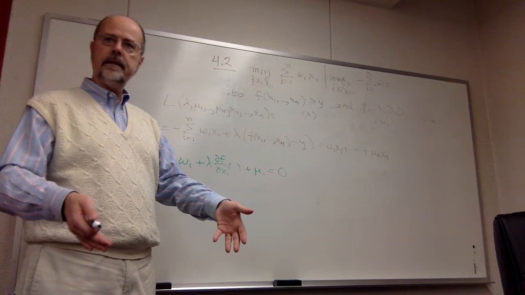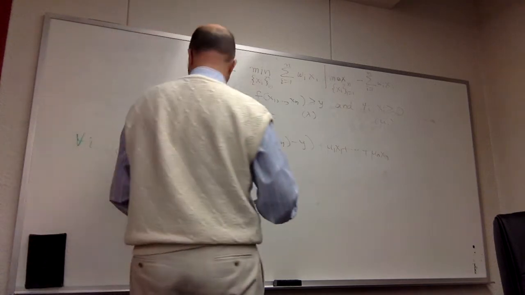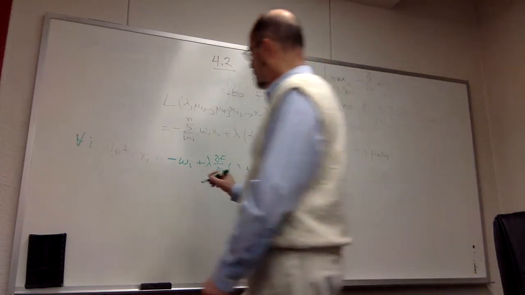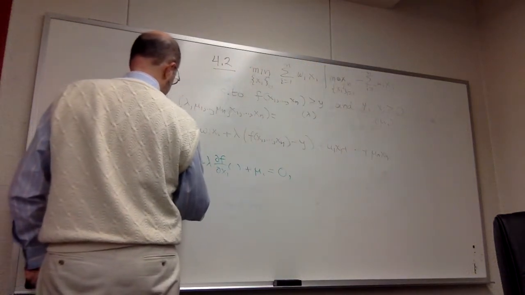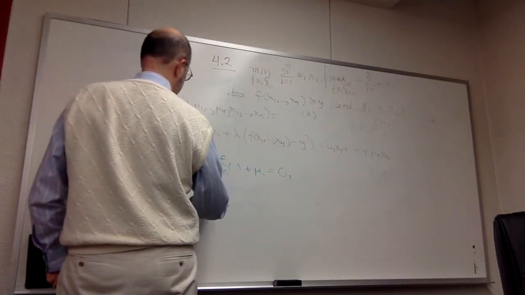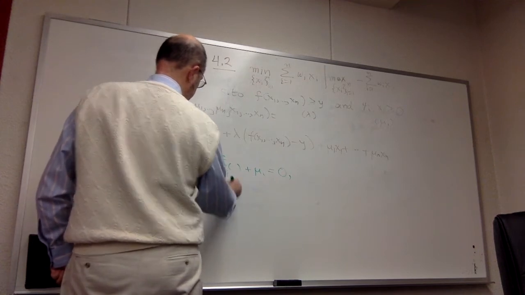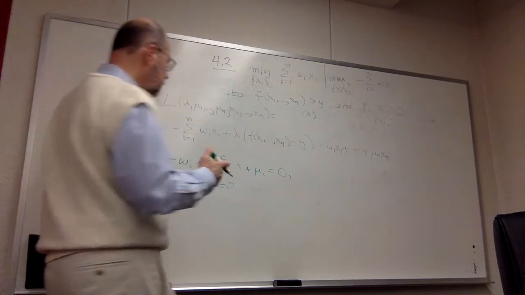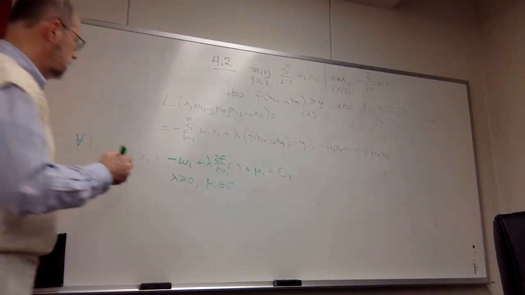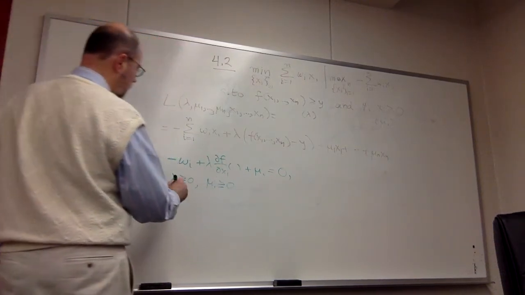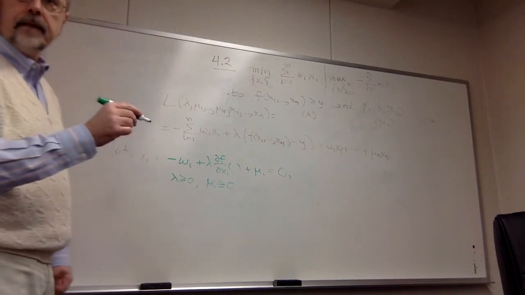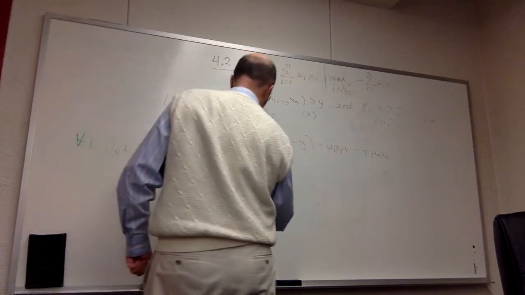So I know also that lambda is non-negative, and that mu i is non-negative for all the mu i's. And what else do I know? I know that every one of my constraints must be satisfied.